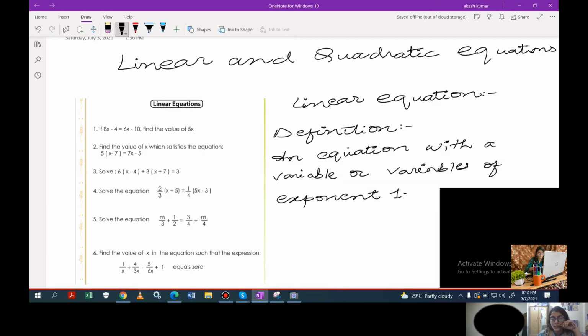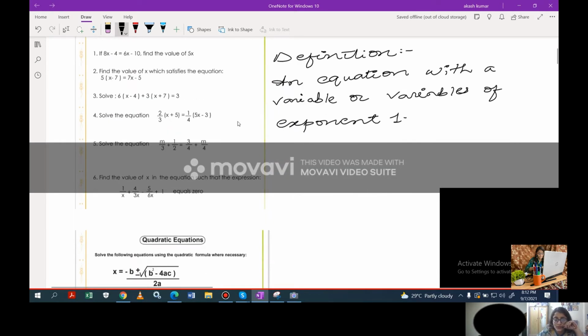So the definition of a linear equation is an equation with a variable or variables of exponent 1. What does that definition mean? Let's try to understand the definition with the help of examples.